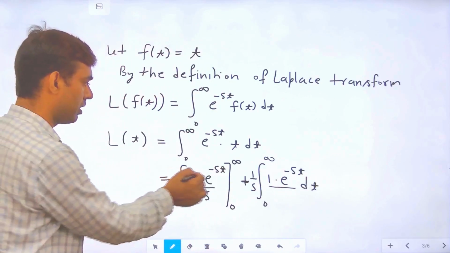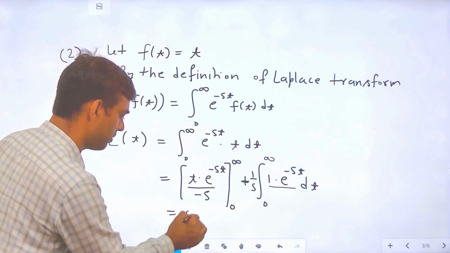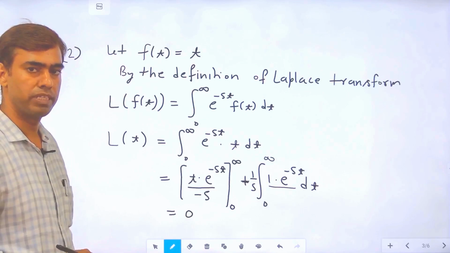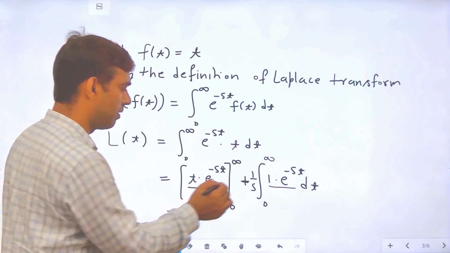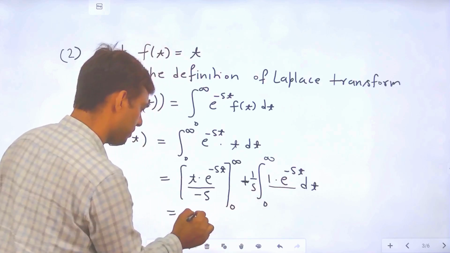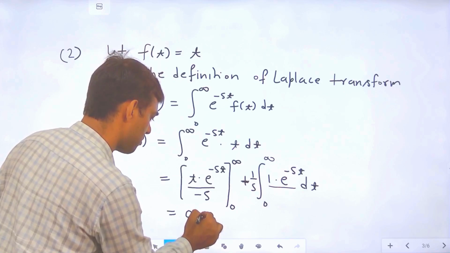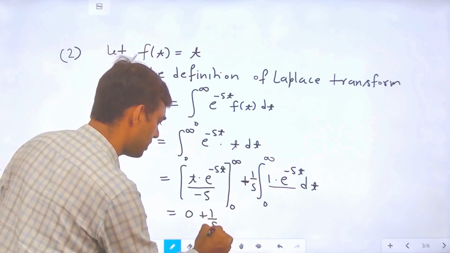If we put the upper and lower limits, the value of the first term becomes 0. And if we integrate the second term, this becomes again e to the power minus st upon minus s. So this becomes 1 upon s.